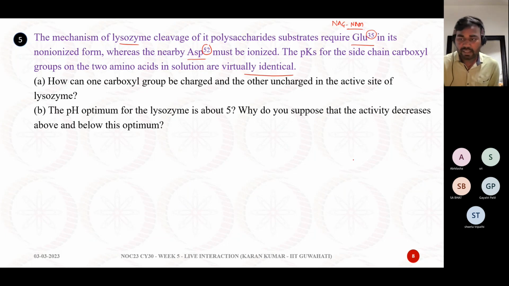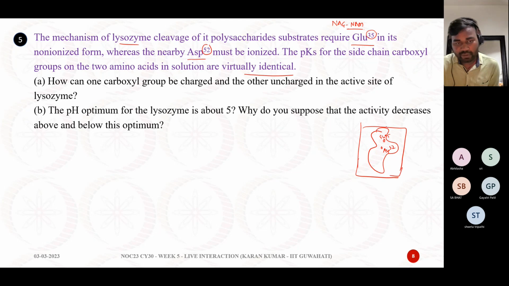Let us say there is a lysozyme, and in this lysozyme two amino acids are present, glutamic acid 35 and aspartic acid 52, in close proximity, and this is present in a common solvent, right? The solvent will be common for both amino acids.